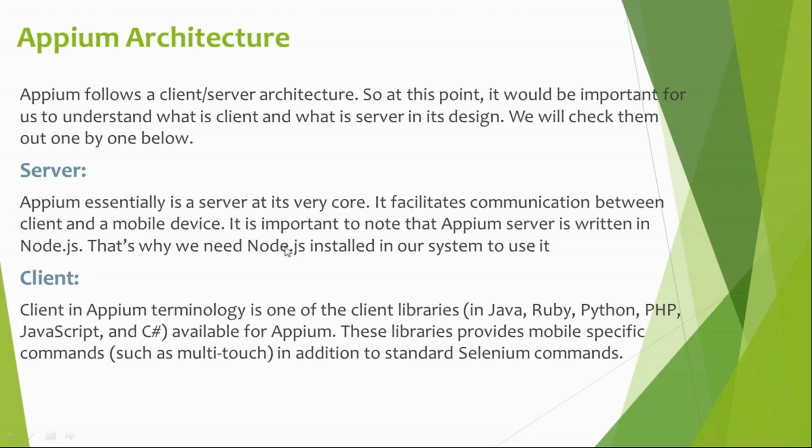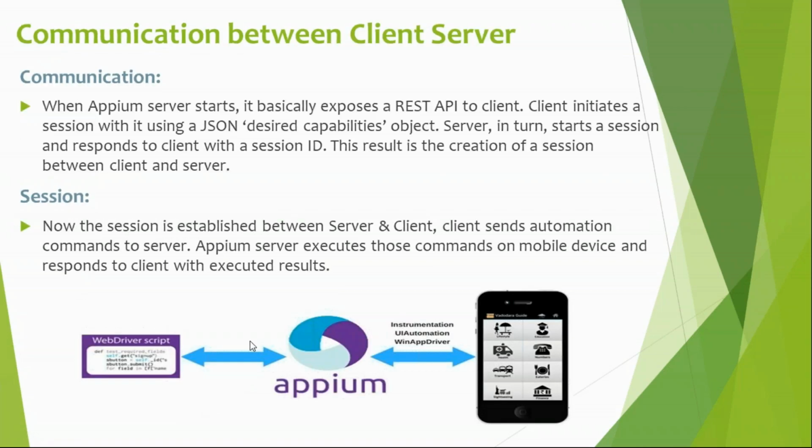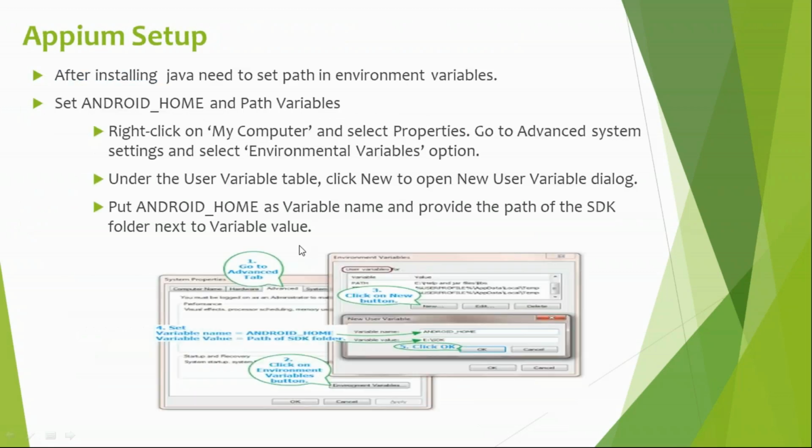As I told you, it's written in Node.js, and the client is nothing but the code we write in Java, Ruby, Python. This is how the communication happens between the mobile device and your code. So this is your code, this is APM, and APM communicates with the mobile device through Android SDK. You are aware of our architecture diagram, right? So this is how the actual communication will happen.